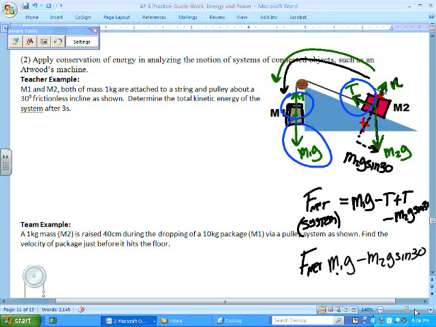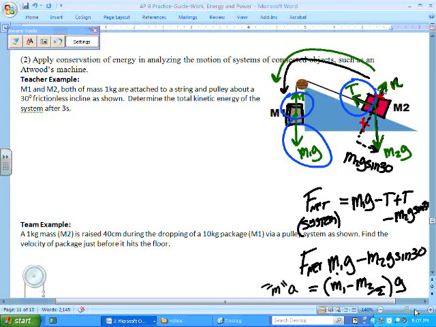Now I can simplify that by saying M1 minus M2 divided by 2, where the G's factor out, so all of that times G. Sine of 30 is a half. I can do that. So that's my net force. And we know that net force is equal to m times A. So keep that in mind. We'll come back to that later.